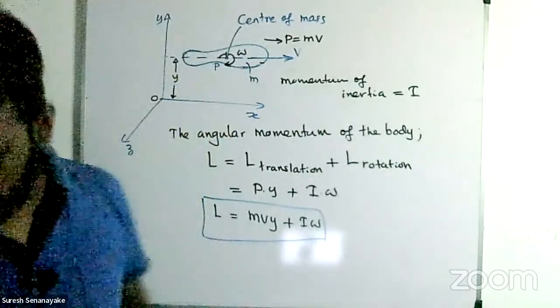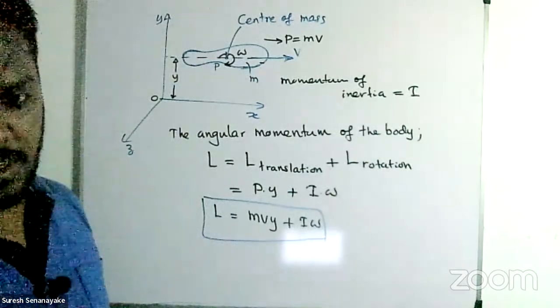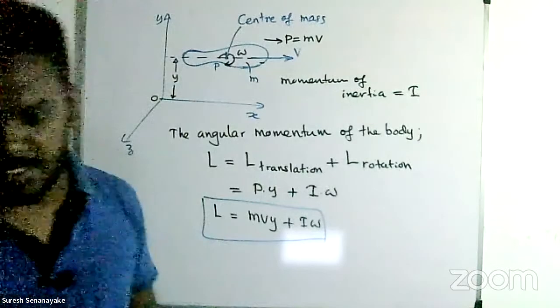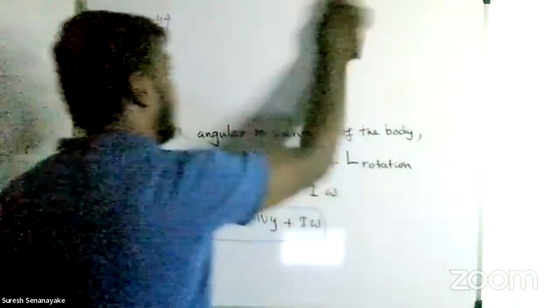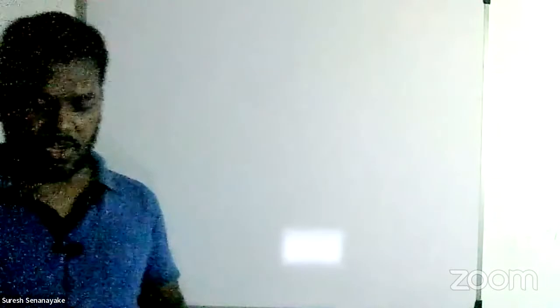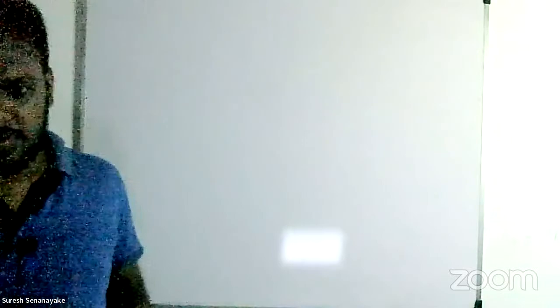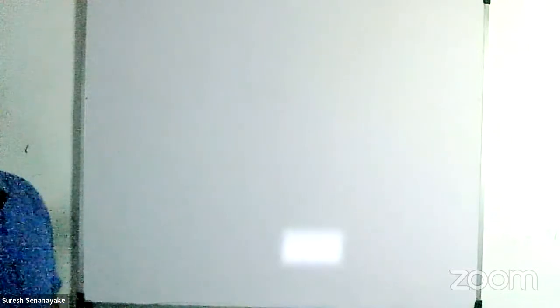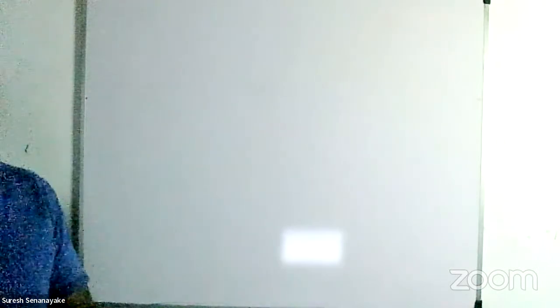Okay, then I'll give an example. Write down: find the angular momentum of a disk about the axis shown in the figures below, in the following situations.